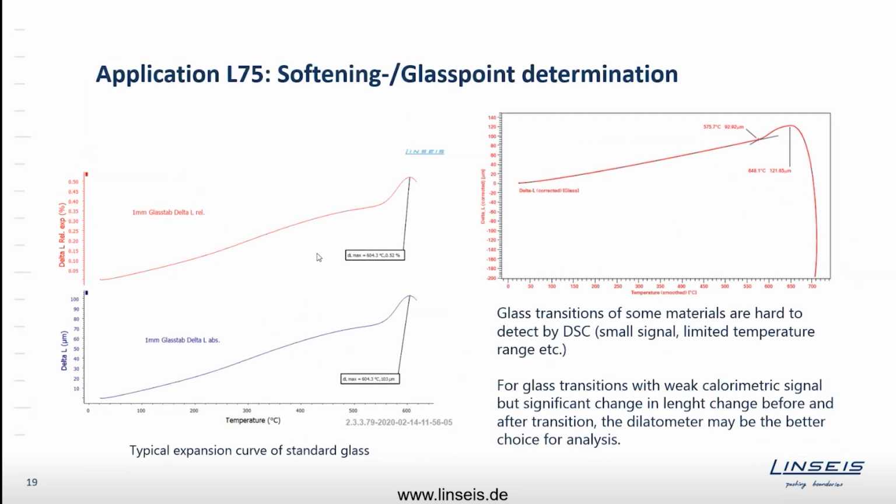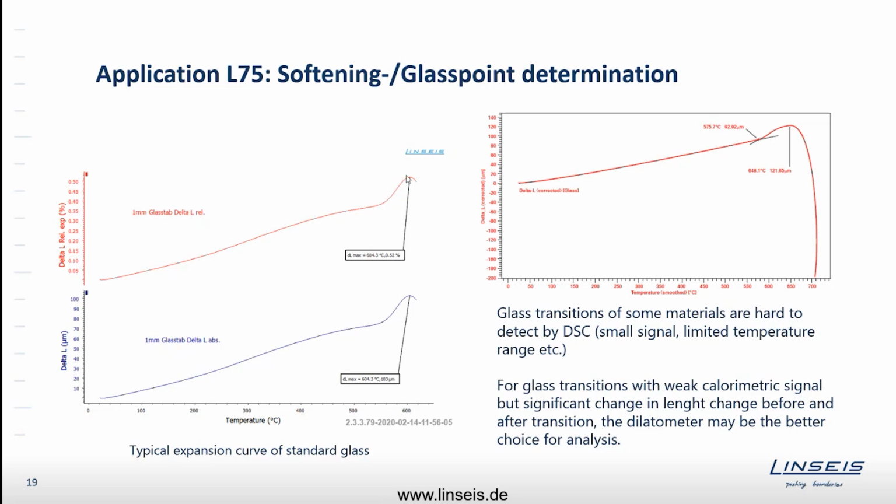I have some typical curves that the dilatometers would give you. So first of all, this is what a classical push rod dilatometer measures. The example here is a standard glass sample. What you see is the linear or more or less linear expansion of a glass sample up to the softening point. You can see here, if a glass comes close to the softening, it suddenly changes its expansion coefficient.